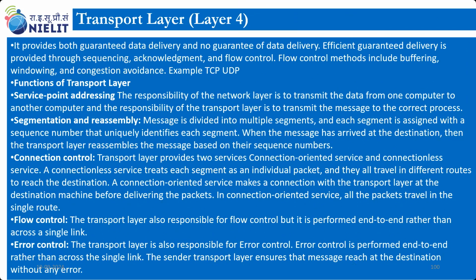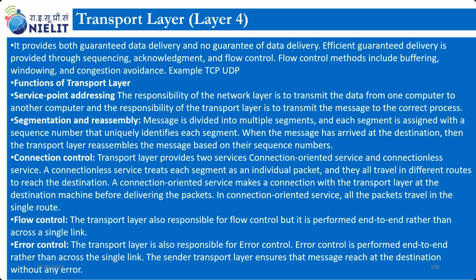This file is divided into several segments, and one by one these segments come to my PC. Finally it needs to be assembled. This is the responsibility of the transport layer. And these segments can travel in a sequential manner or a non-sequential manner, depending on which protocol we are using, TCP or UDP.